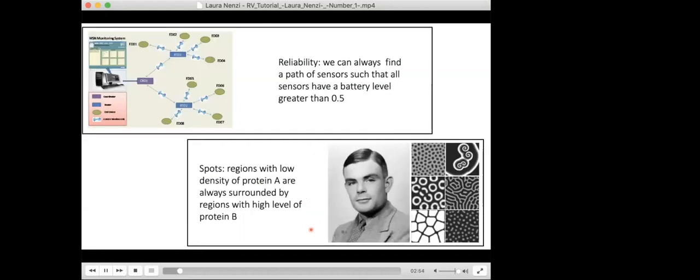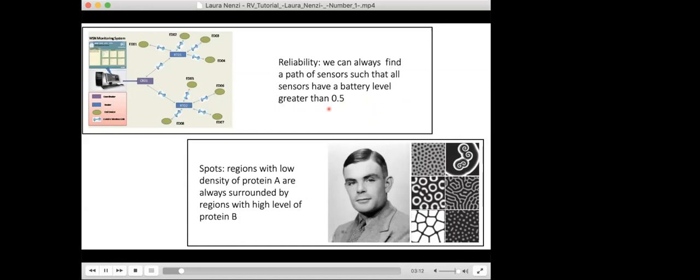For the wireless sensor network, an important property is reliability, and this can be described, for example, by saying that we can always find a path of sensors such that all sensors have a battery level greater than 0.5.